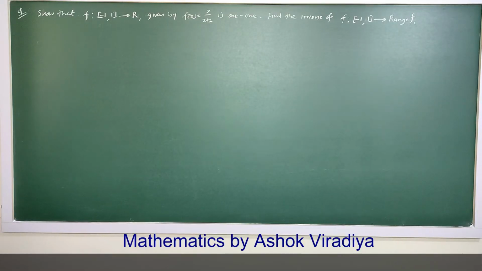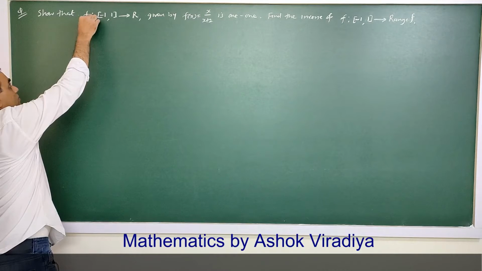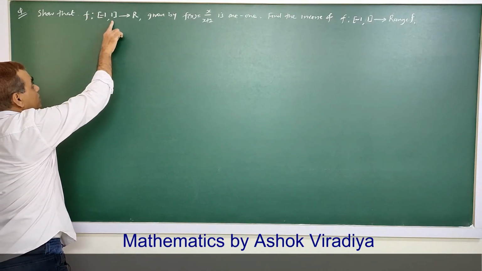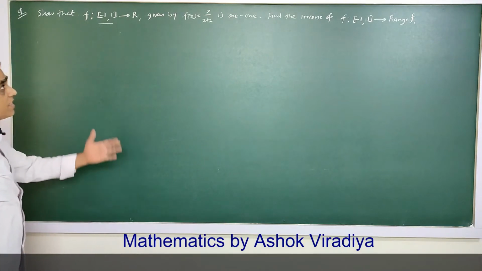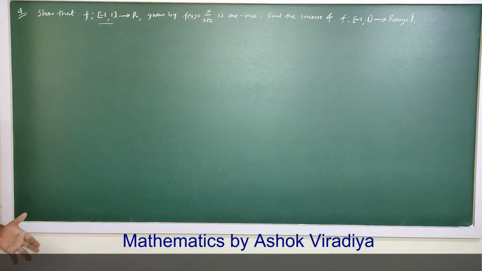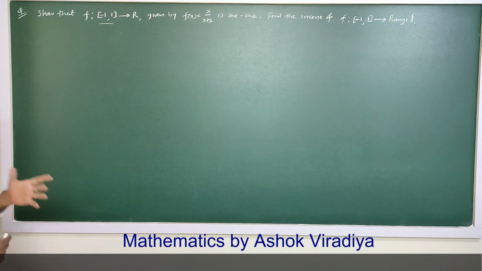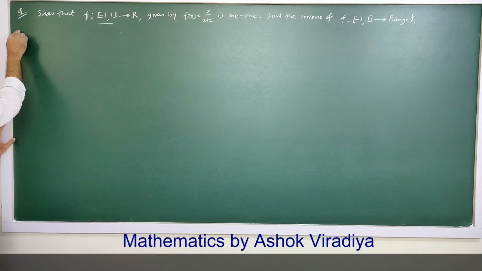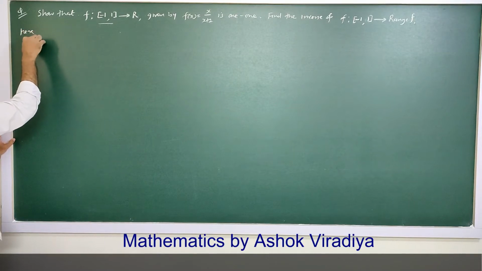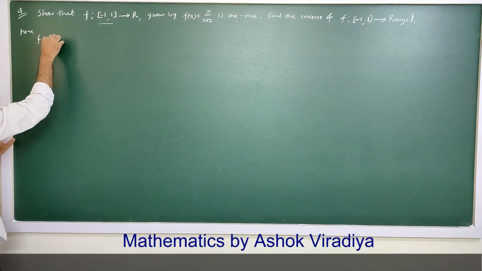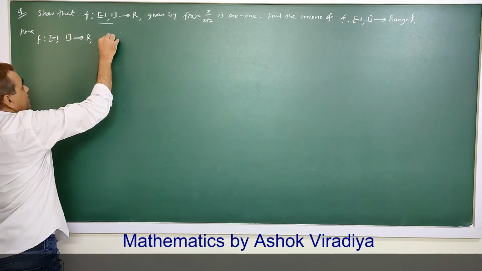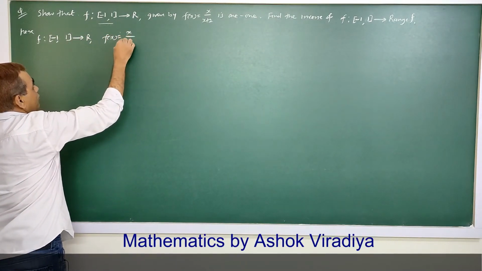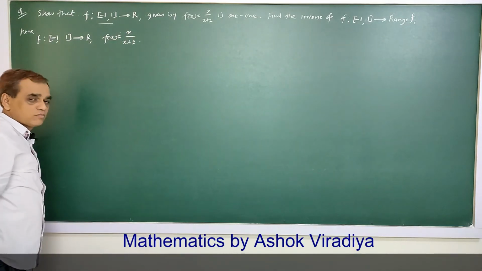Now the function from the closed interval -1 to 1, which is the domain, to codomain R, given by f(x) equal to x upon x plus 2, is one-one. So for the first part of this question, f is from [-1, 1] to R, f(x) is x upon x plus 2.